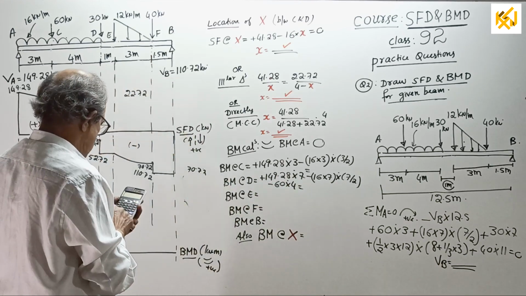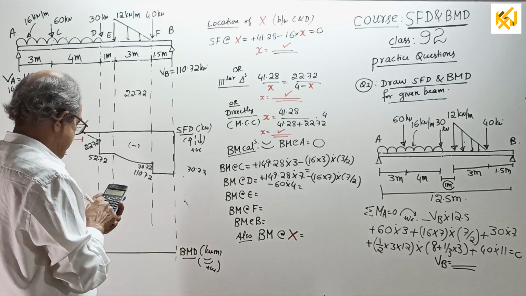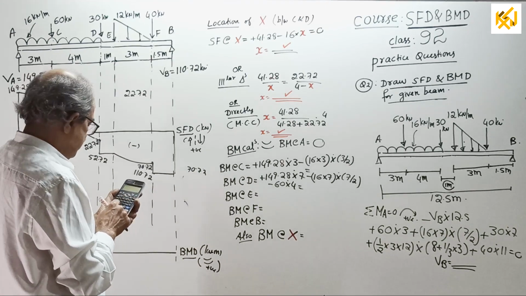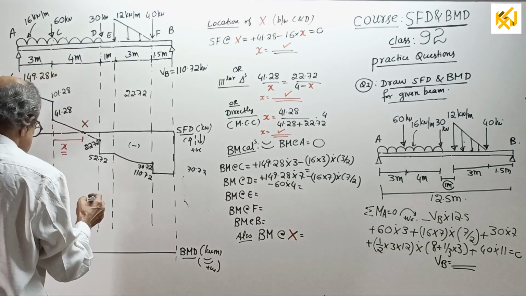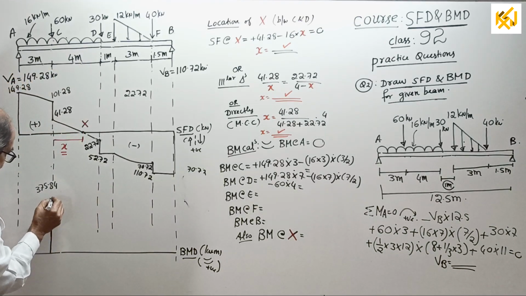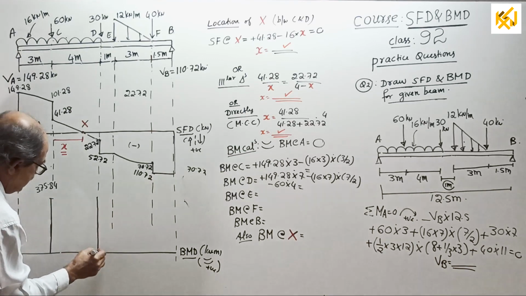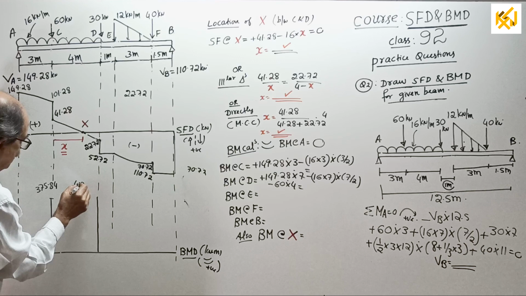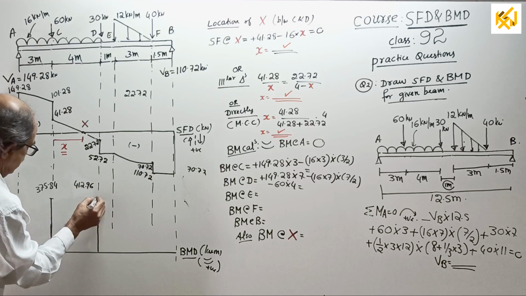Calculate. 149.28 into 7 minus 16 into 7 into 7 by 2 minus 60 into 4 is 412.96. Little more. See. 412.96.